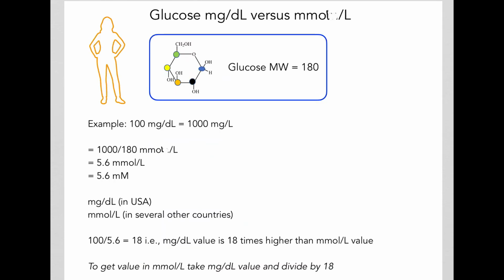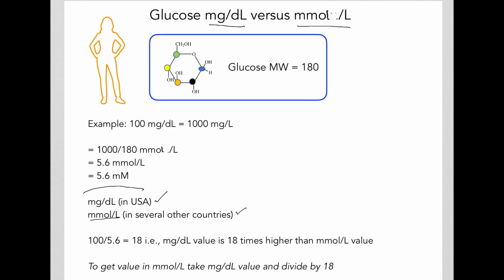A few words about the units of glucose. Milligram per deciliter versus millimoles per liter. Now in USA, milligrams per deciliter is how glucose concentration is reported. In several other countries, glucose concentration is reported in millimoles per liter. You can pause the video and study these calculations if you're not familiar with this.